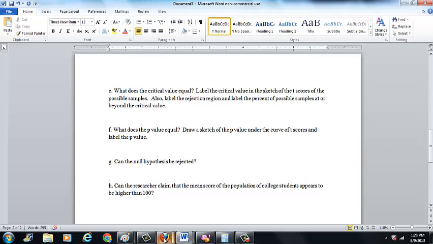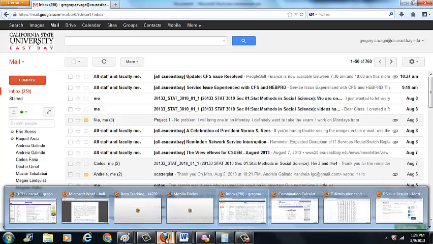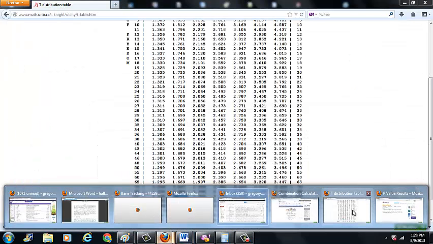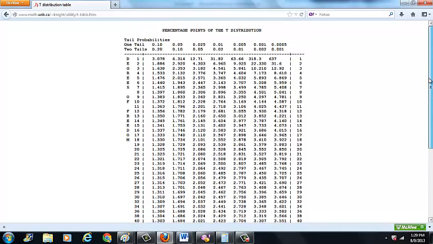Now we need to go to our table. This time we're doing a two-tailed test. So we go to 2 tails, 0.05.